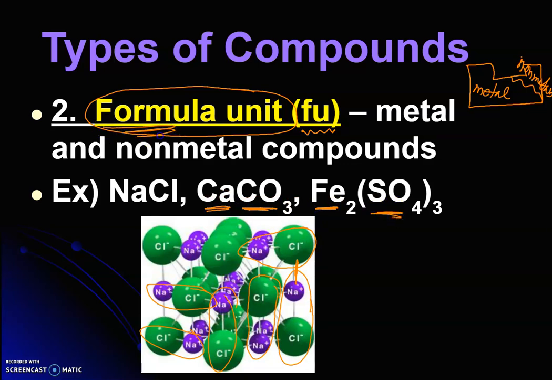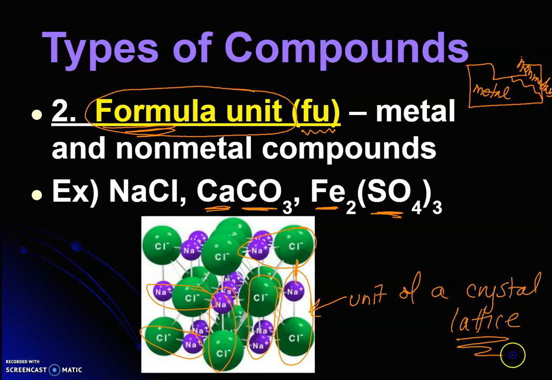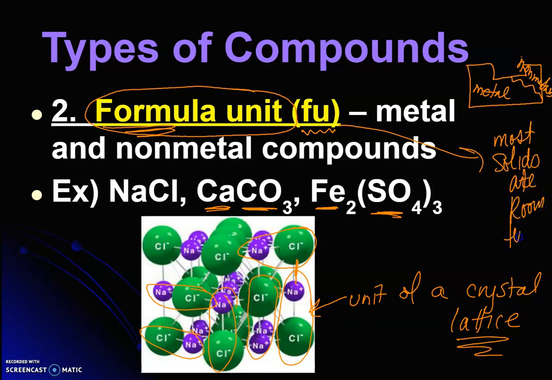So the formula unit is one little unit of crystal lattice. And that's where you're going to see this crystal repeat over and over again. Most of our formula units are solids at room temperature.